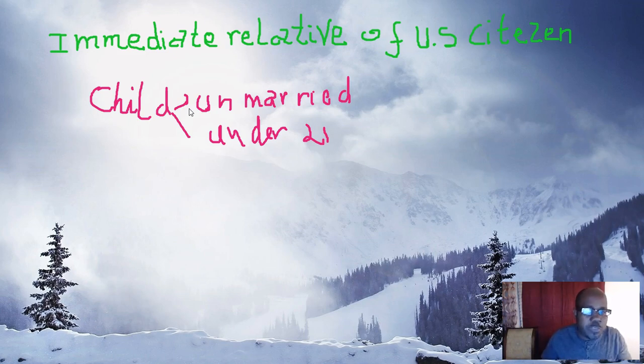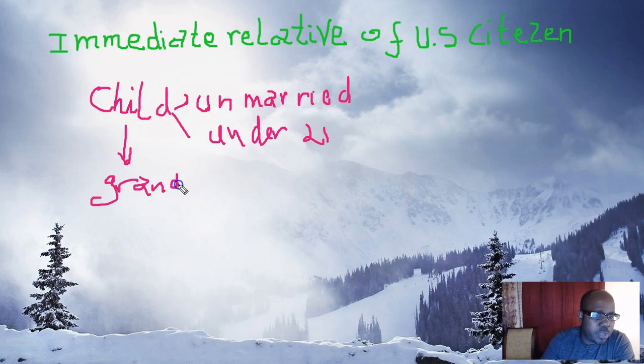We're talking about this specific category because their case is processed faster, and we want you to understand all the details about these people. So, child of a U.S. citizen, unmarried, under 21. If this child has another child, what we call a grandchild, that doesn't happen quite often, but we know in some cases a child has a kid at 17 or 18, that might happen.